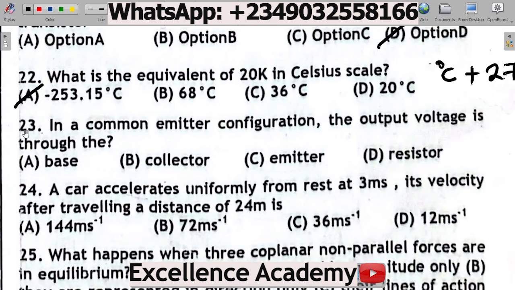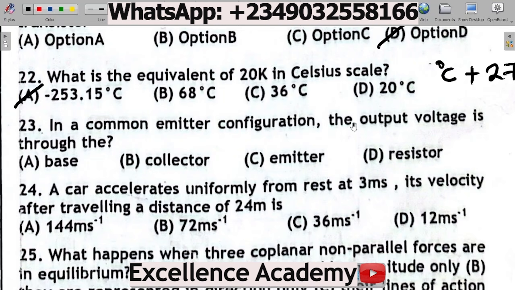Next up, question number 23. 23 says, in a common emitter configuration, the output voltage is through the A, base, B, collector, C, emitter, D, resistor. Now, you want to note that in a common emitter, the input is through the base while the output is through the collector.